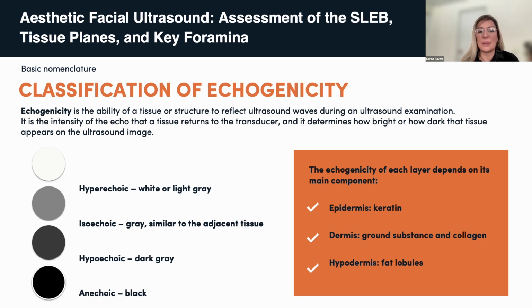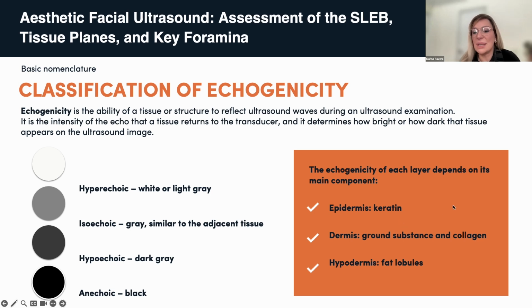So a lesion or structure that is hyperechoic will look white, and an isoechoic structure will be gray, similar to the adjacent tissue. A hypoechoic structure will look dark or gray. Yes? And an anechoic structure will look black.